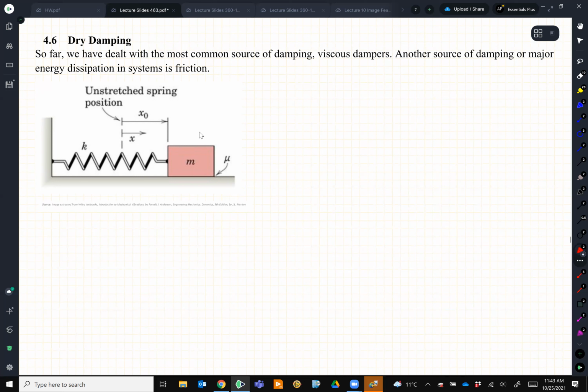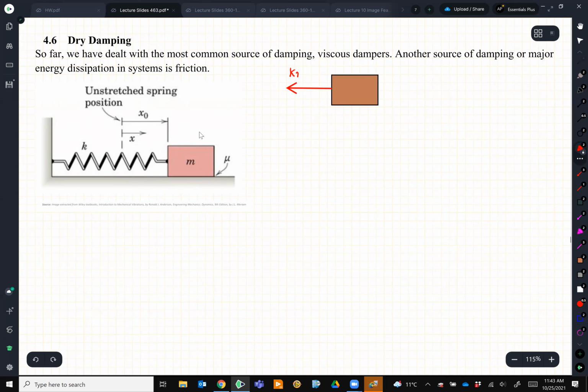So, like always, I need to draw the free body diagram to write the equation of motion and solve these things, right? Of course, we need to start with the free body diagram. I'm going to have a force here, which is kx. Imagine that you disturb it by x. And I'm going to have friction, which is in the opposite direction of x.